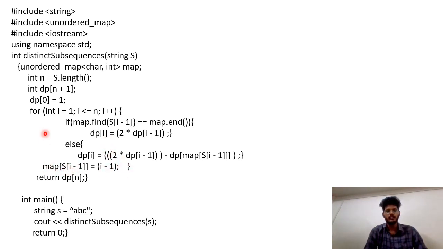In the map we store the latest occurrence of the character, and we return the last value of the dp array. Here we declare a main method, give some arguments, and print the output. We'll see the output in the next slide.